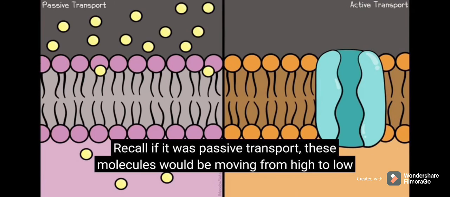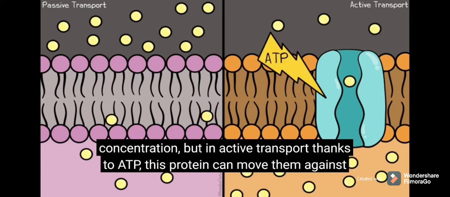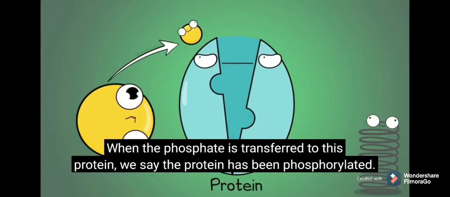Recall if it was passive transport, this molecule would be moving from high to low concentration. But in active transport, thanks to ATP, this protein can move them against the gradient. When the phosphate is transferred to this protein, we say the protein has been phosphorylated.